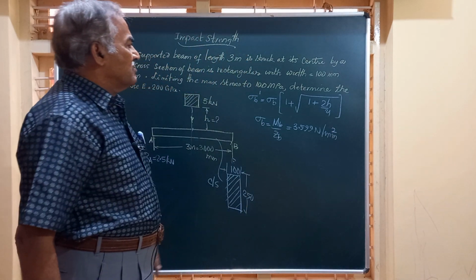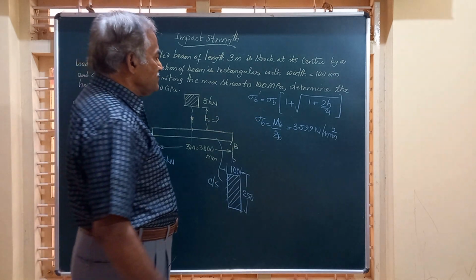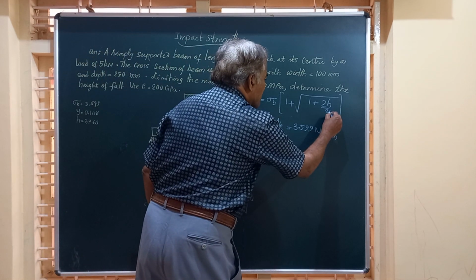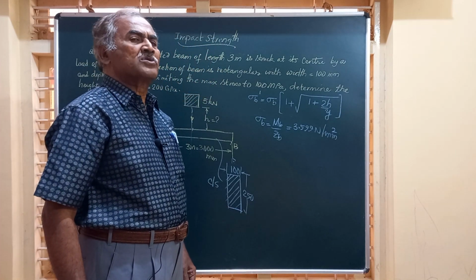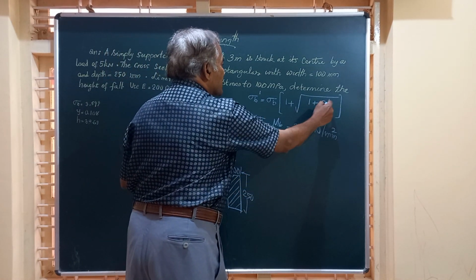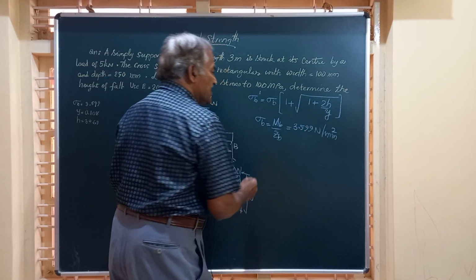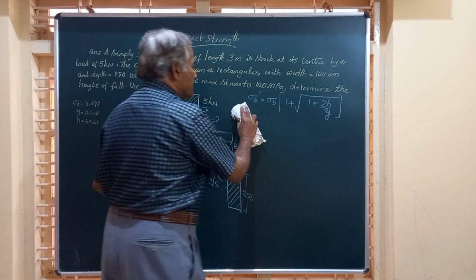Friends, we have sigma B dash, we have sigma B, and we are left with the calculation of Y, the deflection the member undergoes due to the static load. Let's see how to find Y, the deflection of the beam.